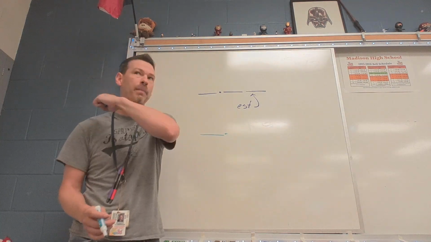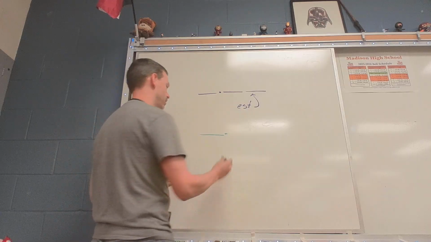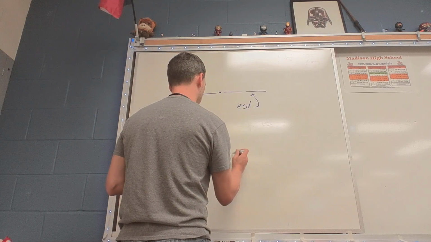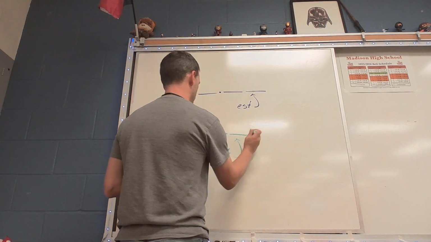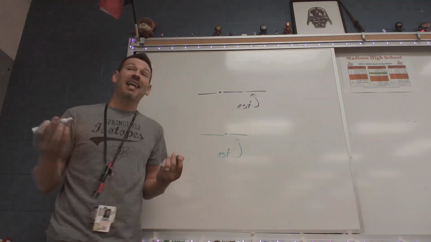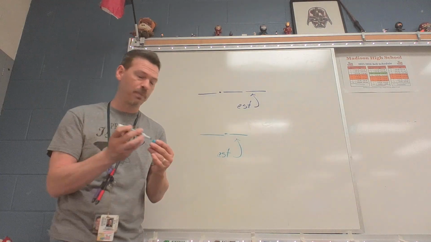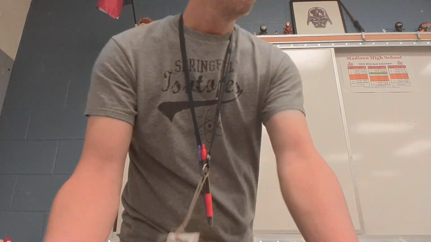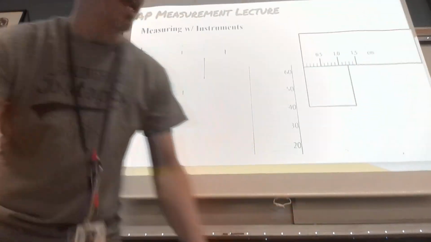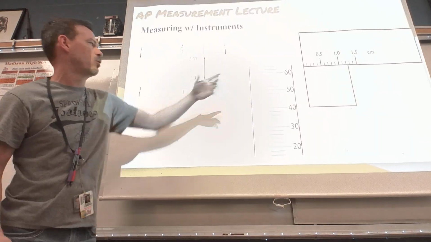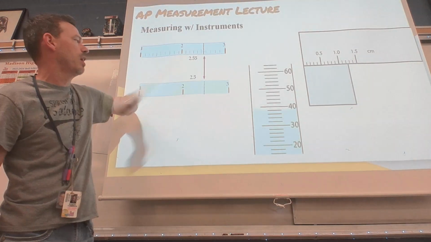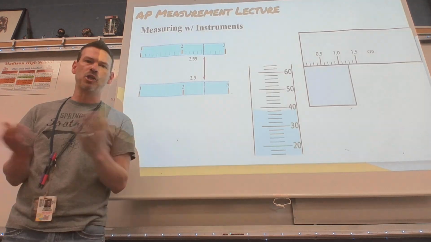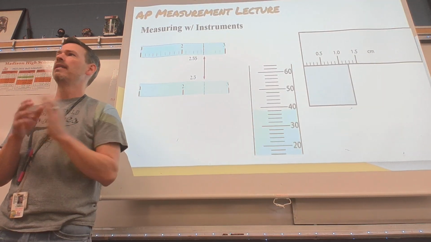So what's your job in lab? You will estimate 1 more digit, in this case the tenths place, which is why it goes out to 2.5. Right? Because the line that they're measuring is in between the 2 and the 3, but they can't go to the hundredths place because the measuring device is less precise.